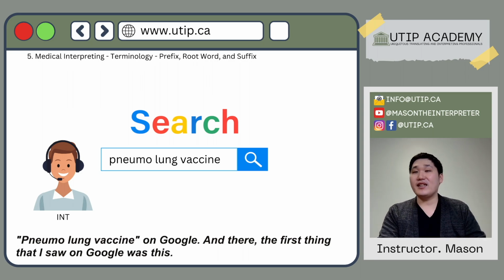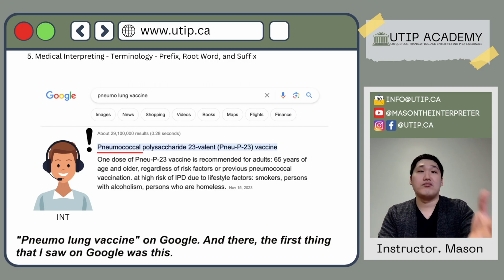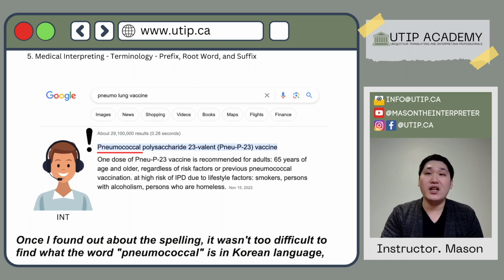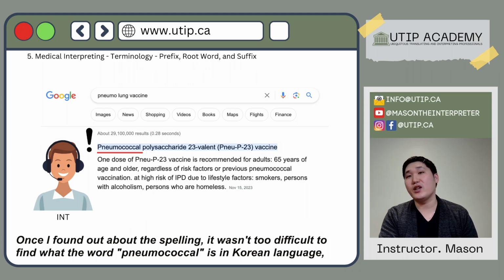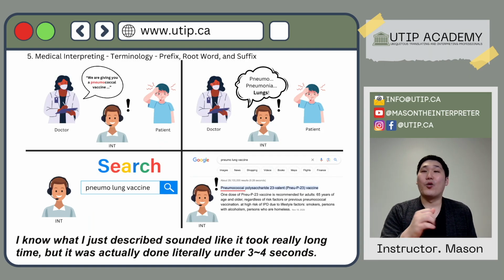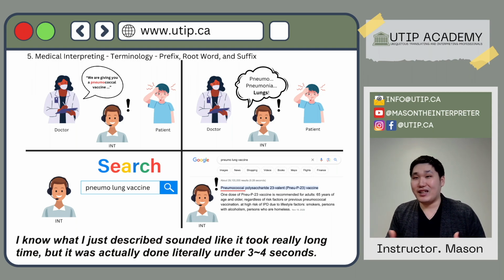And there, the first thing that I saw on Google was this. Once I found out about the spelling, it wasn't too difficult to find what the word pneumococcal is in Korean language, and I was able to interpret without interrupting the call flow too much. I know what I just described sounded like it took really long time, but it was actually done literally under 3 or 4 seconds.